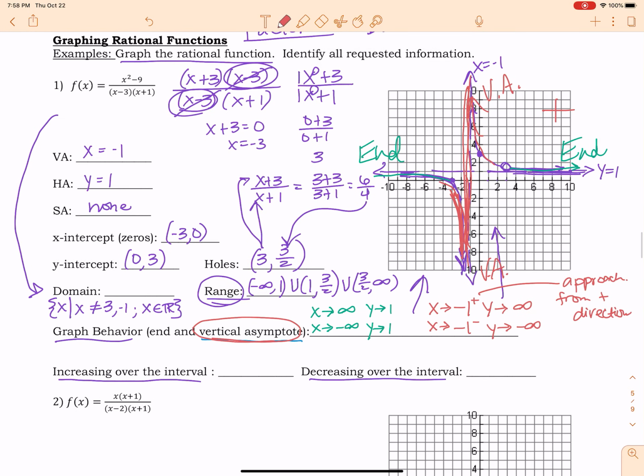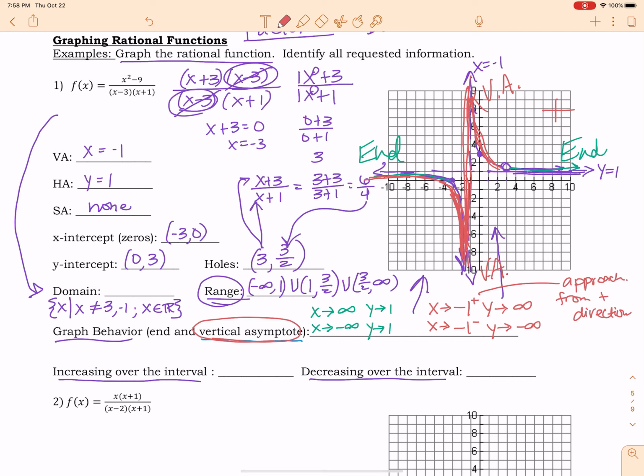You'll be okay. Now we're going to look at increasing over what interval and decreasing over what interval. Well, if you'll look, as I'm looking at this graph right here, as I approach from the left, it is decreasing. As I come up here and approach this, as I'm moving to the right, remember increasing and decreasing is from left to right.